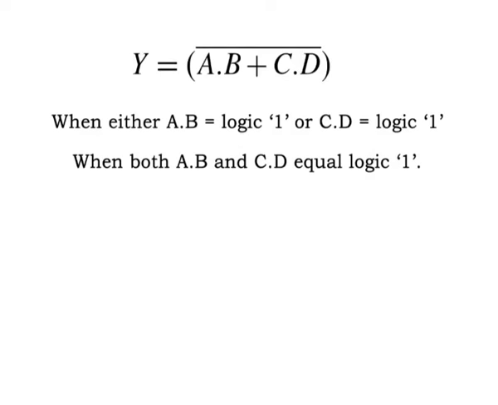From this expression, we can say that the output should be in a logic 0 state for the following input conditions: when either A·B is equal to logic 1 or C·D is equal to logic 1, or when both A·B and C·D equal logic 1.